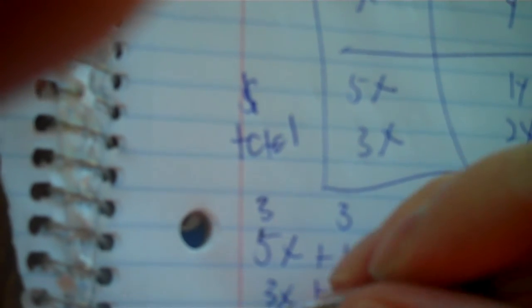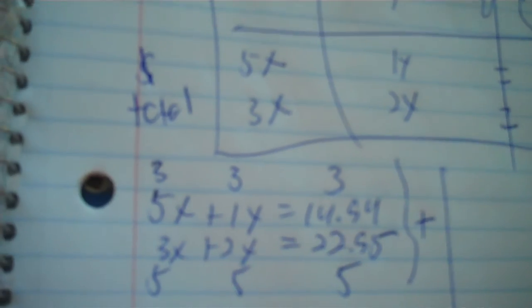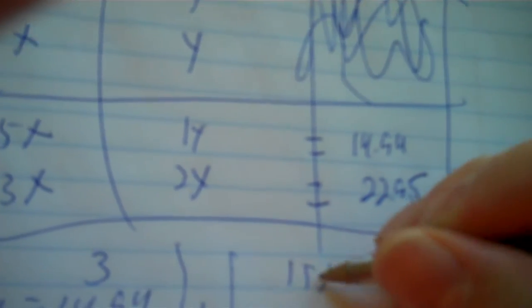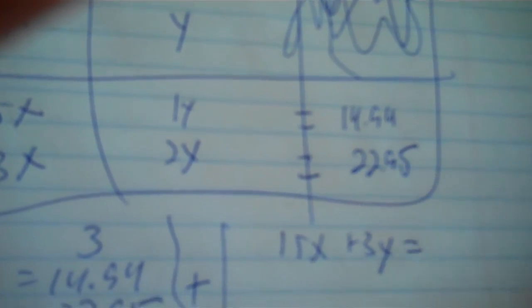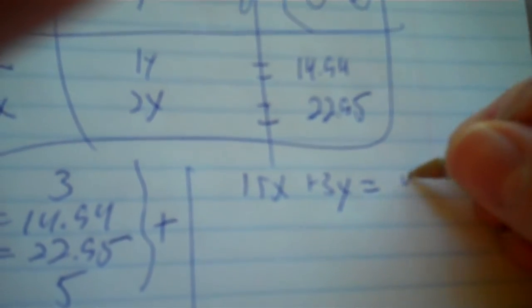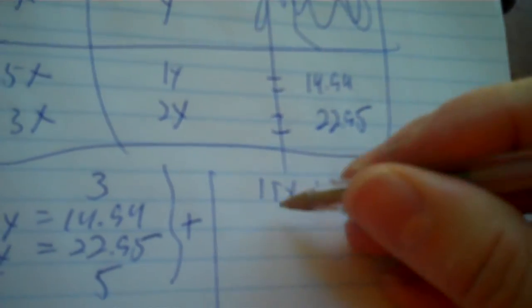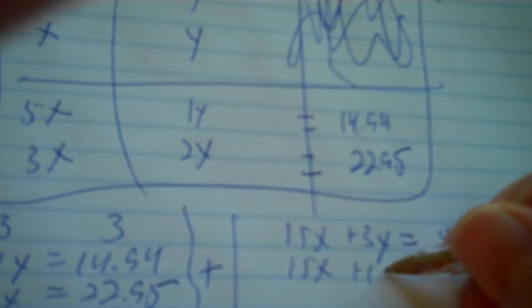So we have a 3, so times the top by 3, bottom by 5, because adding them right now is not going to work. You can't cross out anything. So it's 15X plus 3Y, and then 14.94 times 3, 44.82. And then 15X plus 10Y.